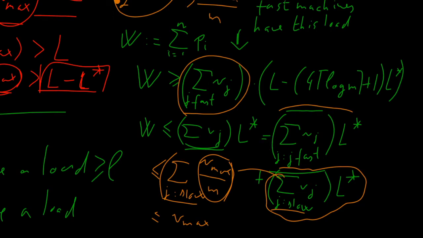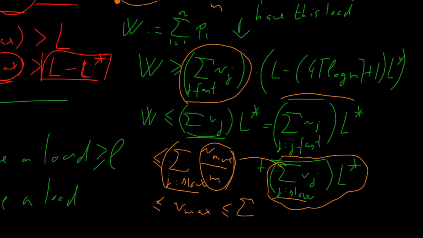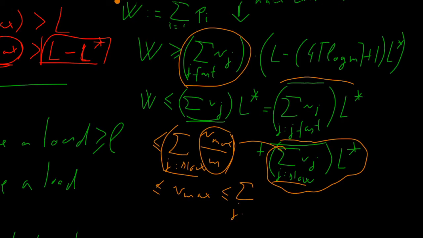Now, v max is the speed of a fast machine, which means that v max is at most the sum of the speeds of those j's which are fast. If you only have one fast machine, then the sum of the speeds will be v max exactly. But if you have at least two fast machines, then this sum is still larger than v max, but we only need this.